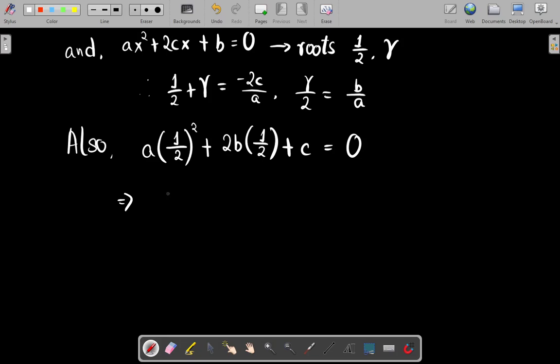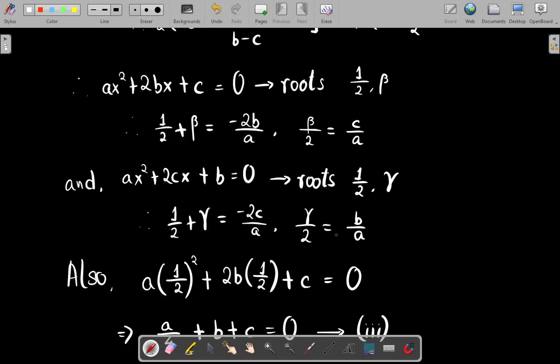So this will give a upon 4 plus, the 2 times half will cancel out, plus b plus c is equal to 0. So this is a condition we have. I think this is equation number 3. Let's see if we can use this equation later on.